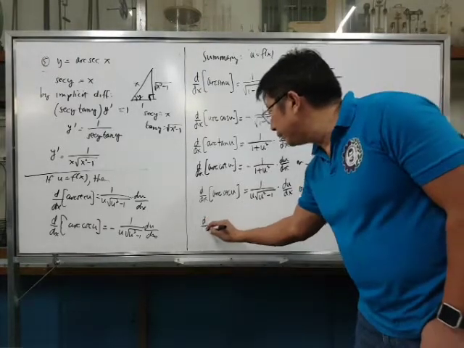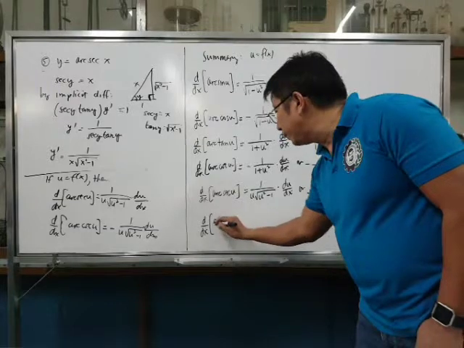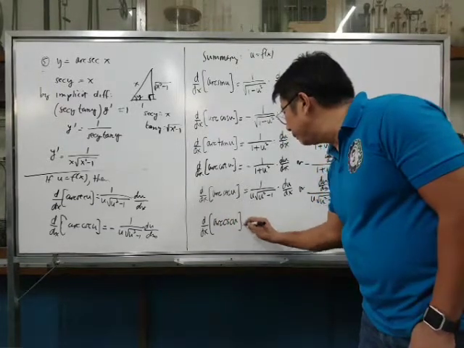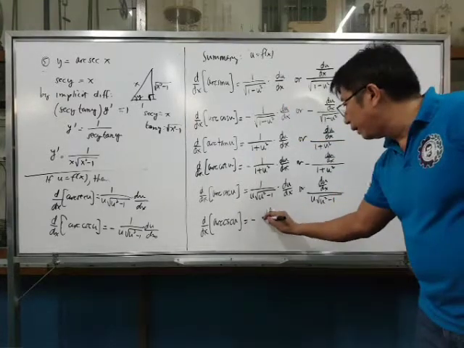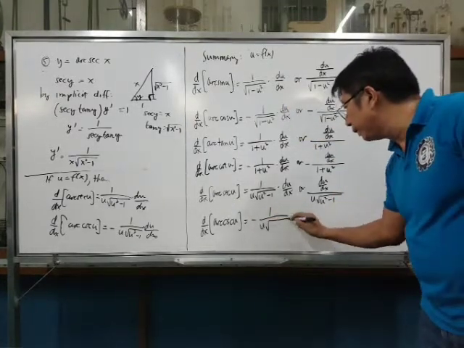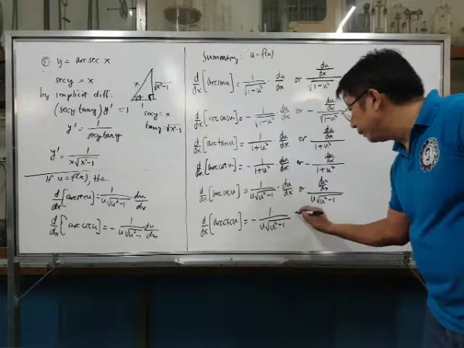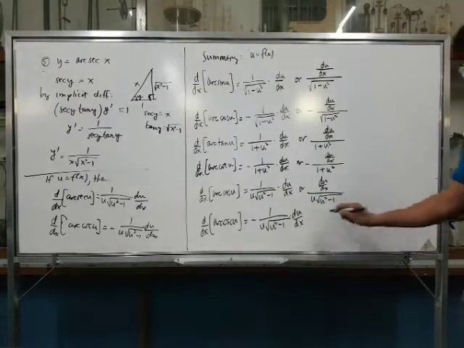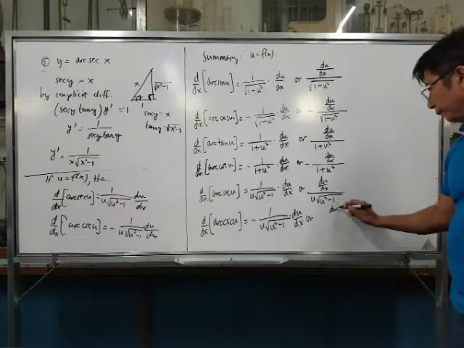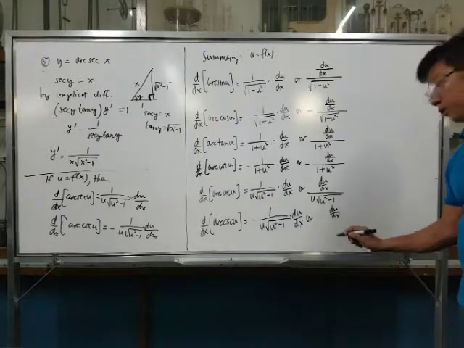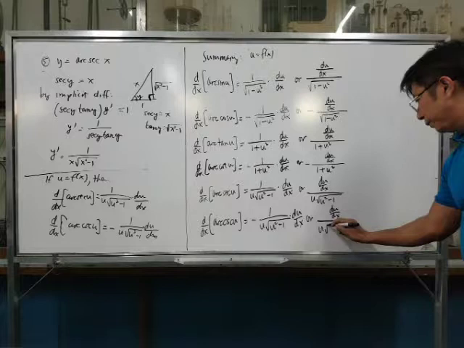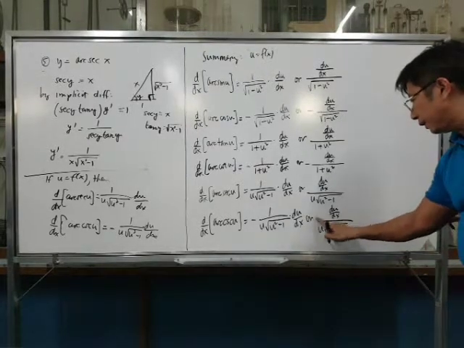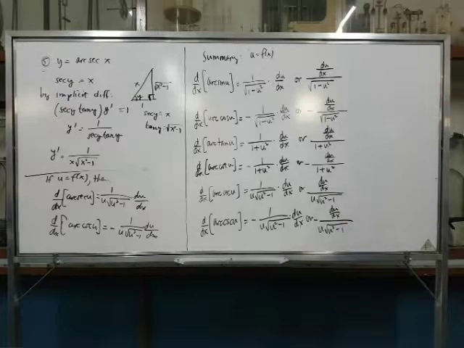And finally, the derivative of arc cosecant u is negative 1 over u square root of u squared minus 1 times du dx, or du dx over u square root of u squared minus 1, but this is negative.